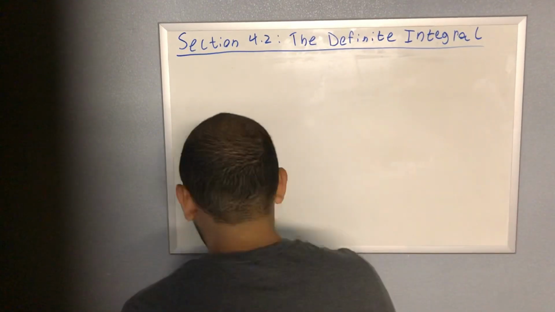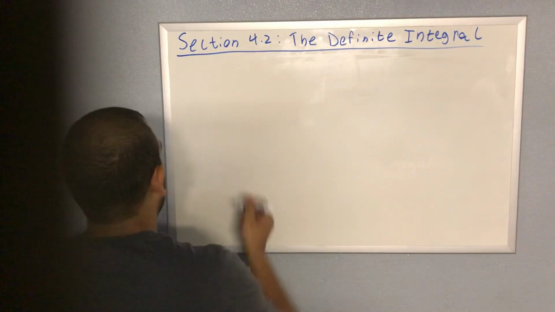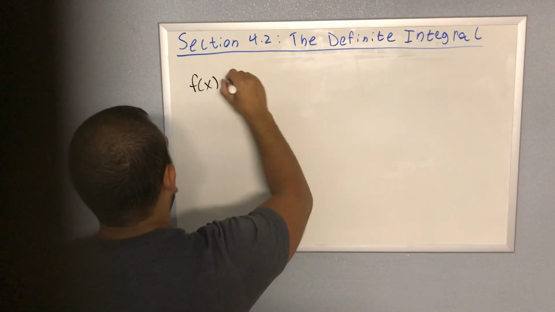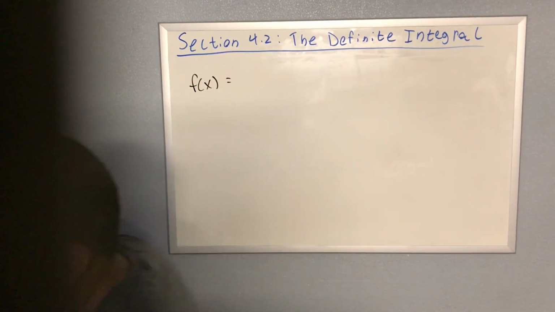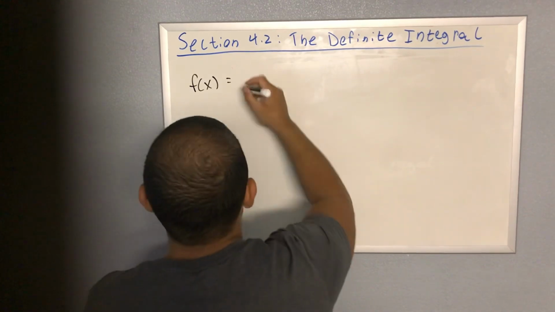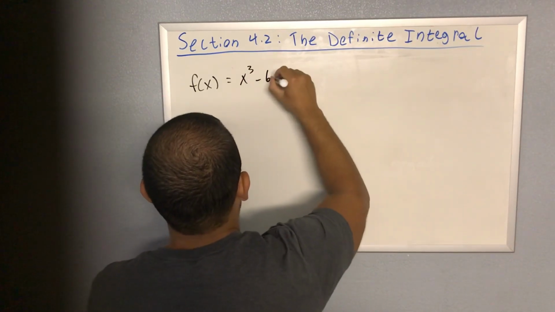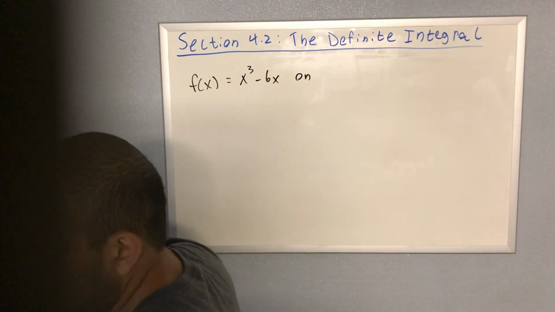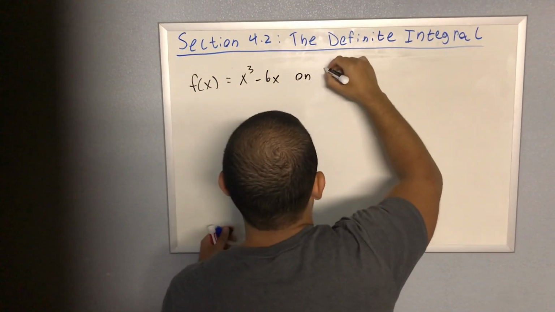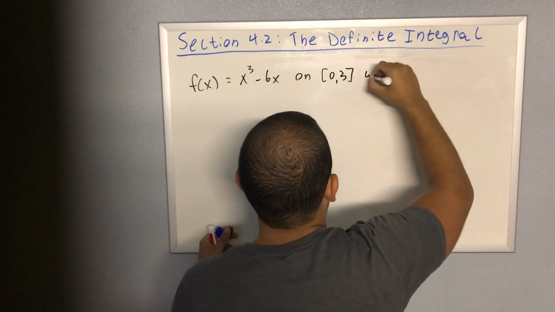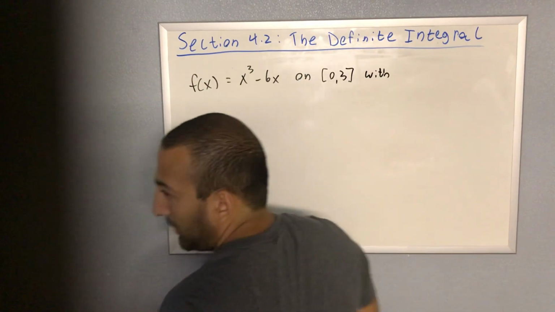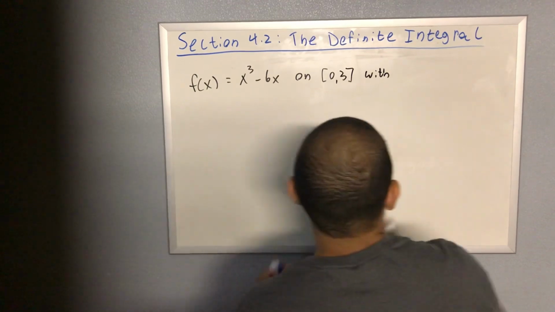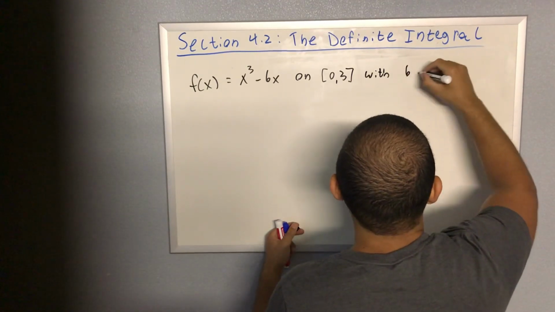Okay, so let's say we take the function f of x is x cubed minus 6x on this interval 0 to 3 with six rectangles.